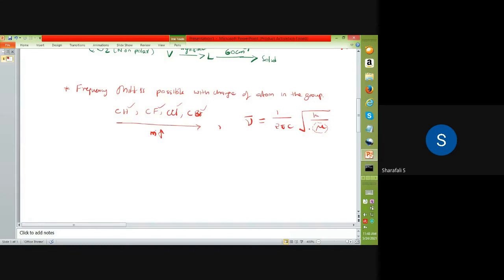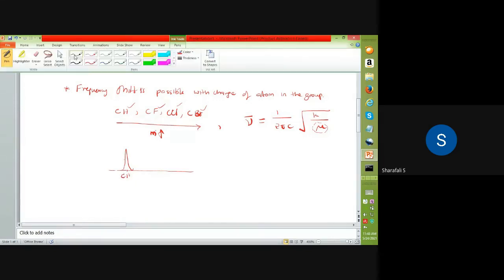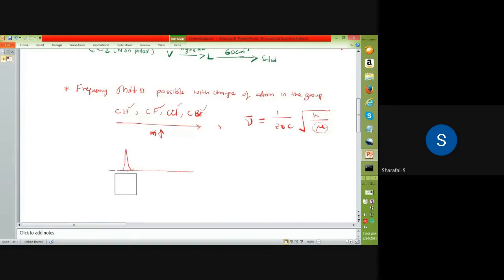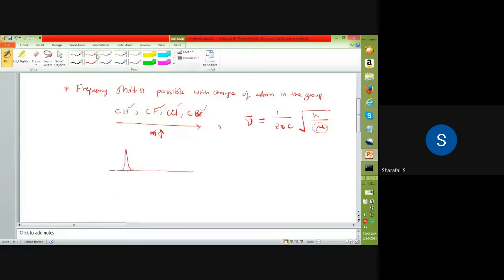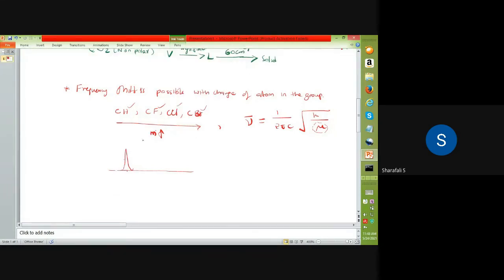Which means that if you have hydrogen, I will just plot an example. This is not the exact spectrum. This is your CH bond, for example, and let's say this is at X. Then if you have CF, it will be somewhere here.